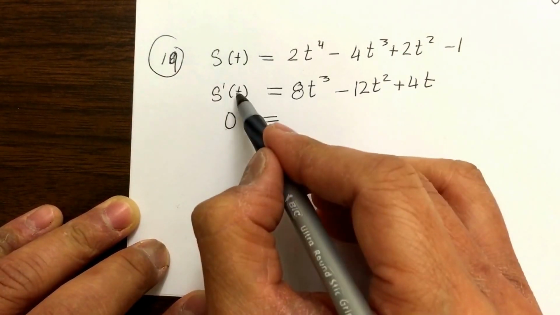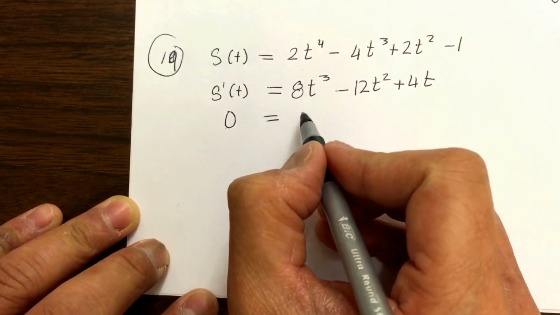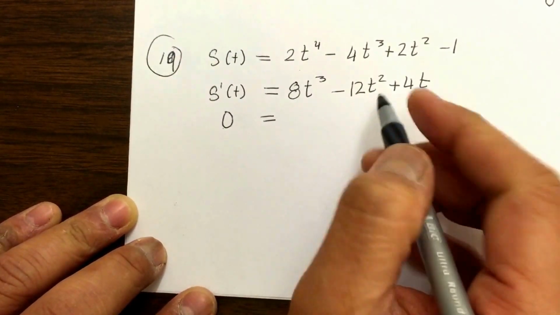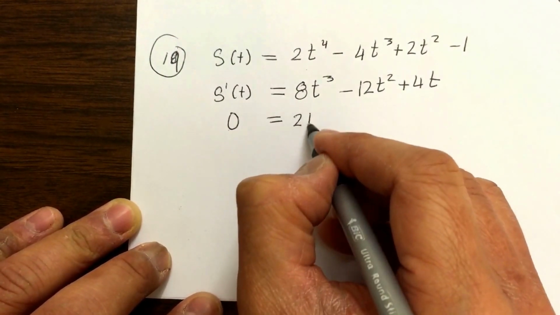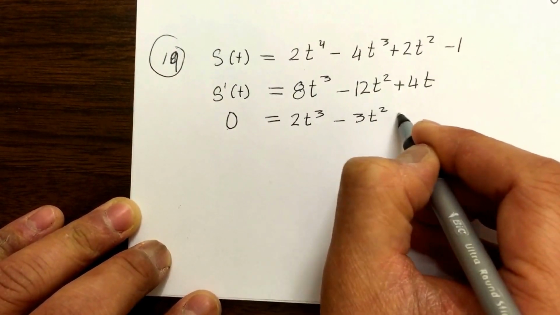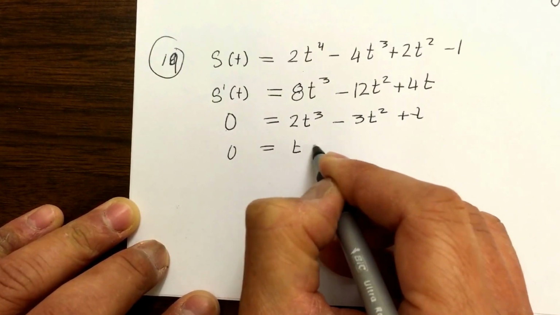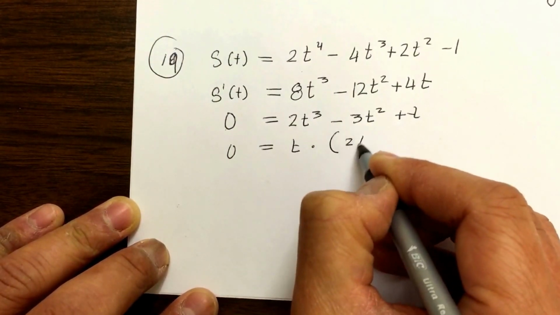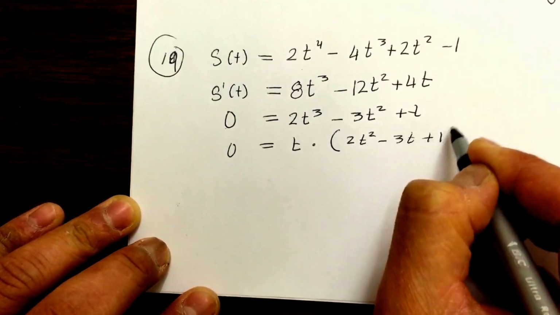So we take the first derivative, we set it equal to 0, and then we try to simplify as much as we can. Notice that it is all divisible by 4, so we're going to divide those by 4. And also notice that I can factor out a t, and this is what I'm left with.